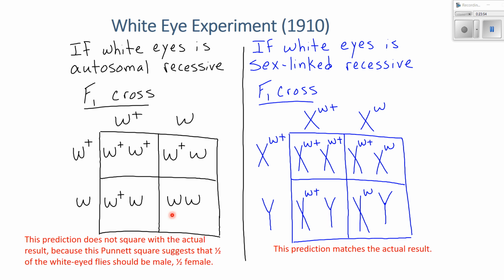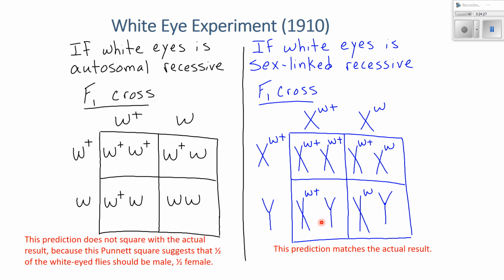Could this be a sex-linked trait? Well, let's see. If it's a sex-linked trait, here's our F1 red-eyed male. Here's an F1 red-eyed female. Now remember, she's heterozygous because this is the F1 generation. And so here we would get red-eyed female, red-eyed female, red-eyed male, and white-eyed male.